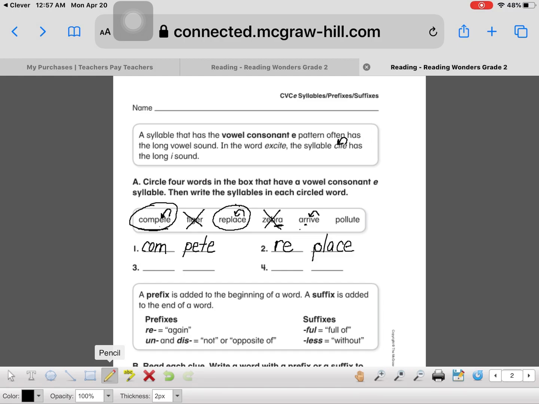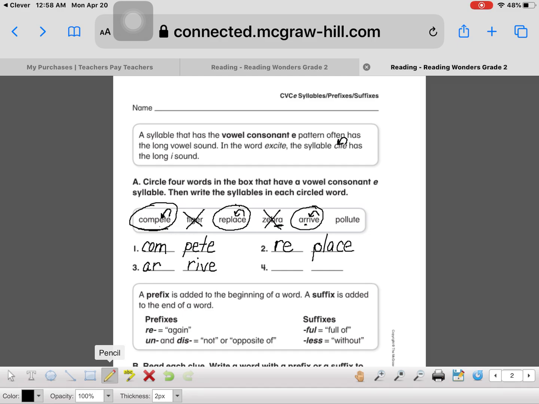Okay, we have to split those R's apart. Those are the two consonants together. So what we're going to do is put AR on the first line and then RIVE on the second line. And that's how we split that word up into syllables. And then we're going to circle that.